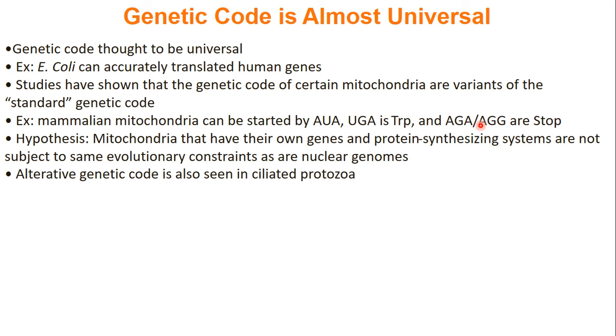If you change the codons of the nuclear genome, all the proteins in the cell are now different. While in the mitochondria, you might only make like 10 specific proteins, so you're not changing that much compared to the regular cell.